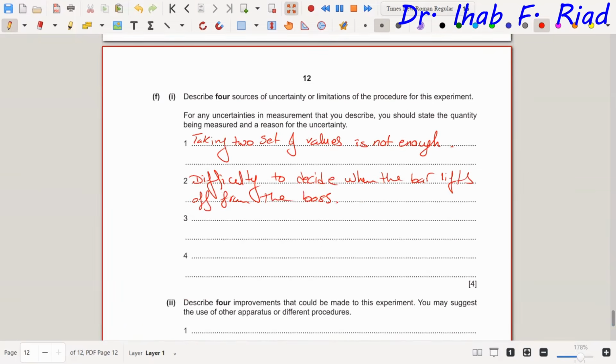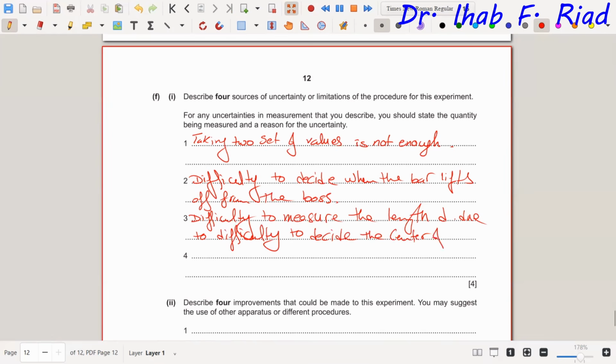Difficulty to measure the length d, due to difficulty to decide the center of the mass.